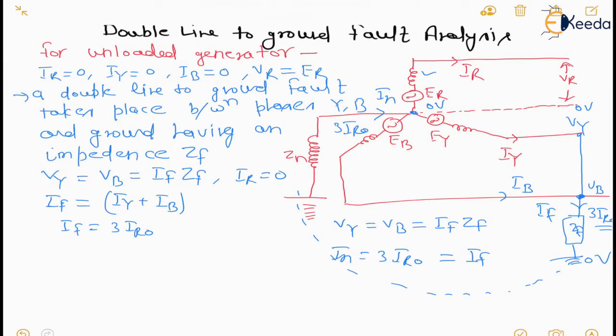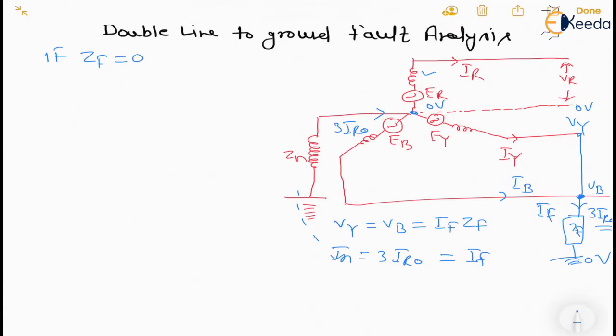Now we need to calculate the values of IR naught, IR1 and IR2. So I am going with the shortcut method to find out those values. ZF value will be equal to 0. We will have two cases. If ZF is equal to 0, then this is the positive sequence network, and here it will be the negative sequence network, and here it will be the zero sequence network.